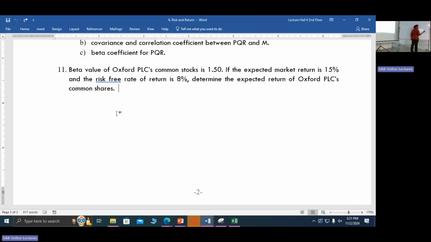So the market risk premium is equal to market return minus risk-free rate. How much is it? 7%. In your question, if the market risk premium is given, you have to quickly substitute that market risk premium.